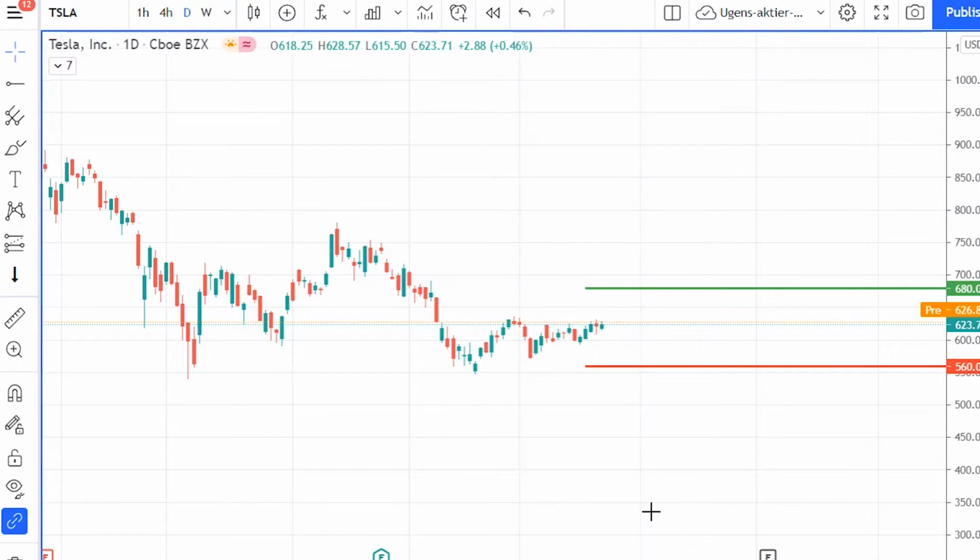So let's look at the chart and look at how that could look here. We have Tesla and it is around $625 here. And let's say that we are buying a call option. When we are buying a call option, we are buying the right to call the stock away from another investor at a certain price at a certain time out in the future.